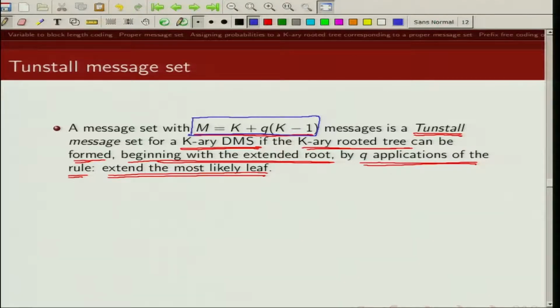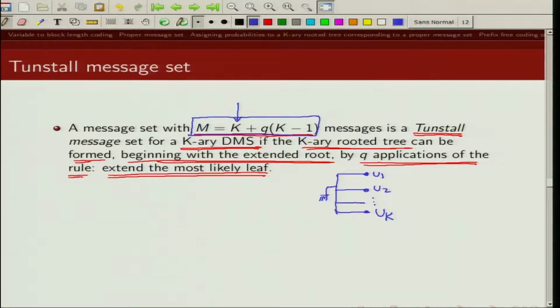If you recall, if U is a K-ary random variable, then starting with the root, you will have K leaves. Let's call them U1, U2, up to UK. So when you start from the root, you have K leaves.